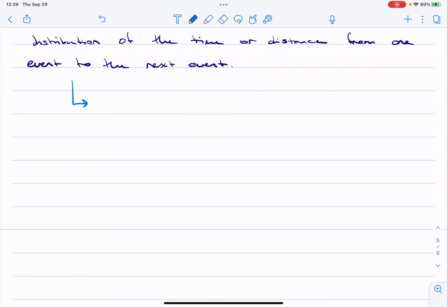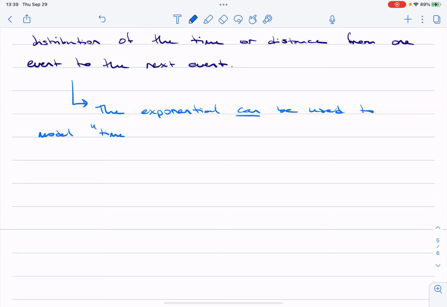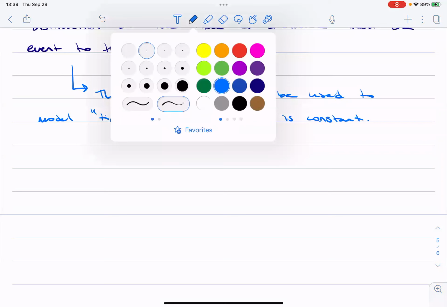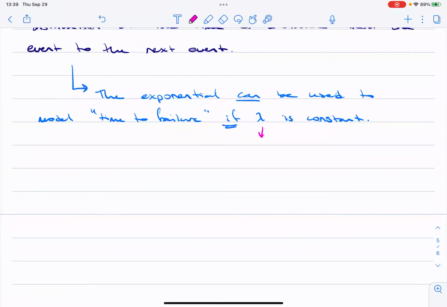Don't worry, we've got a solution. The exponential can be used to model time to failure if lambda is constant. I should say the exponential distribution also uses lambda, because they are related.